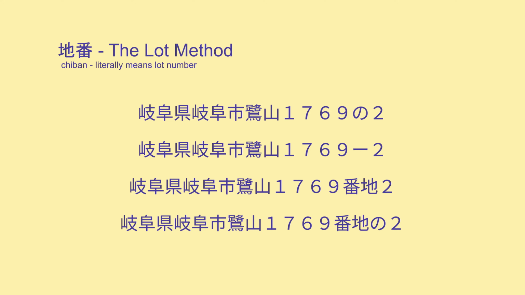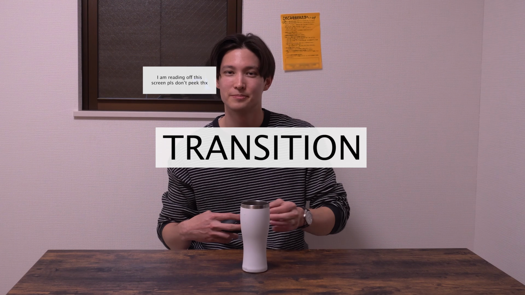You may have noticed that instead of writing 1769 Chiban, it's written 1769 Banchi. And the reason for that, I can't tell you. There were so many different things online, and Jukyo Hyoji and Chiban mixed together. Like everyone, even Japanese people, are still kind of confused on the addressing system.